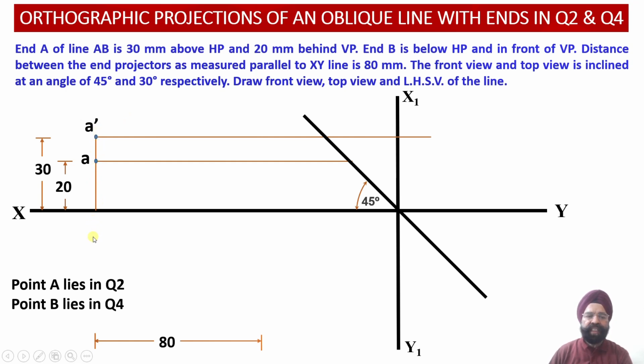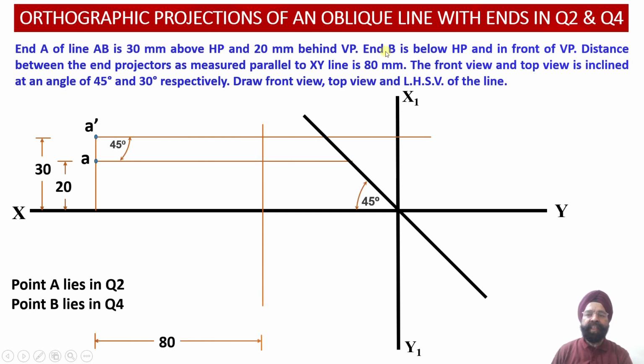So with respect to this end projector line, we are going to measure a distance of 80 millimeter and draw a projector line parallel to this vertical projector line corresponding to the end A. This will be the end projector line corresponding to the end B. The projections corresponding to the point B, that is front view projection B dash and the top view projection B, are both going to lie on this vertical projector line.